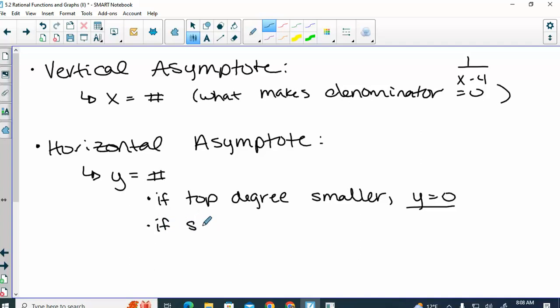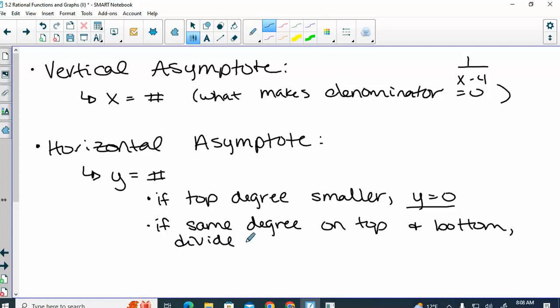If we have the same degree on top and bottom, we divide the leading coefficients.